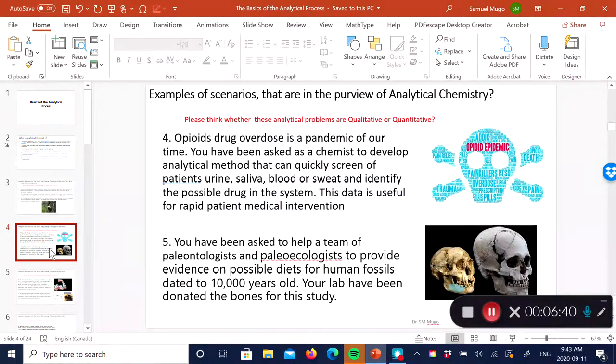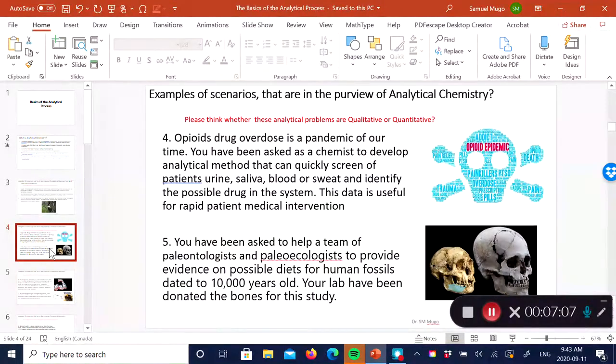You've been asked as an analytical chemist to develop methods that can quickly screen a patient's urine, possibly saliva, blood, or even sweat to identify the possible drugs that a potential overdosed patient has consumed. This data is useful for rapid patient medical intervention.